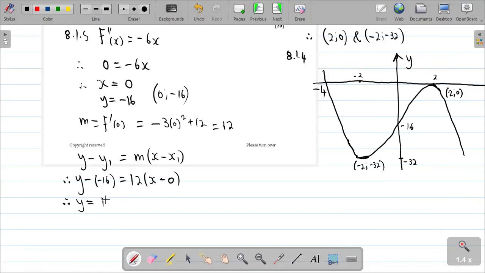So y equals 12x minus 16. So this is the equation of the tangent at the point of inflection.